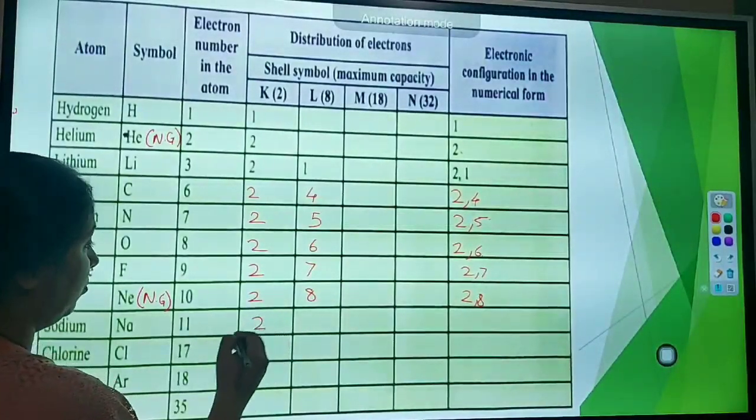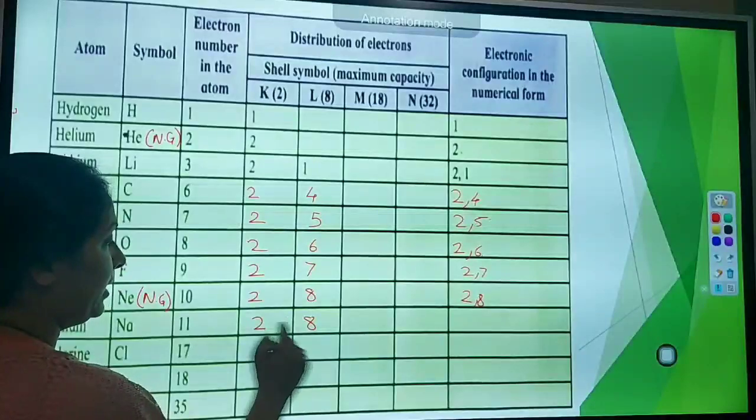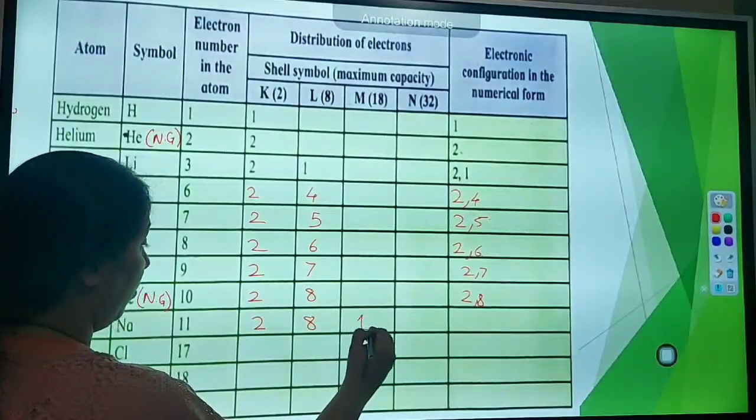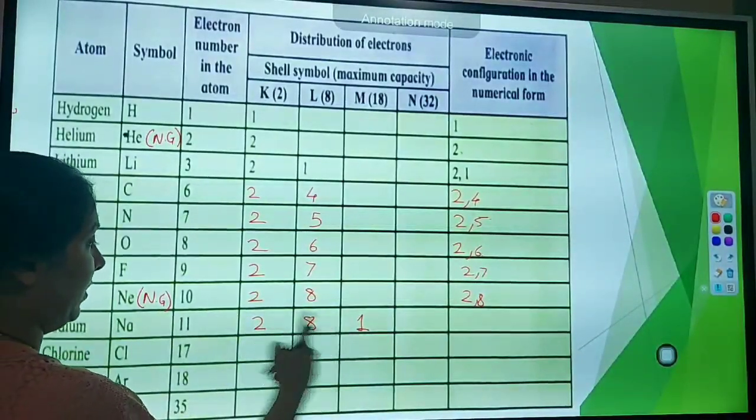Sodium 11. 2 plus 8 is 10, and one more, 11.